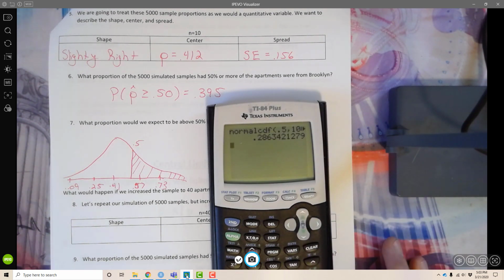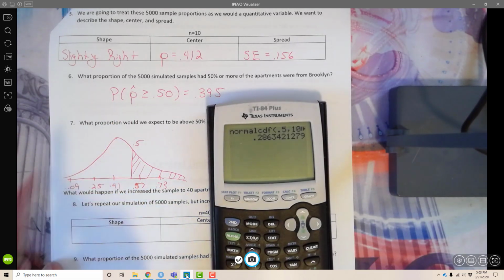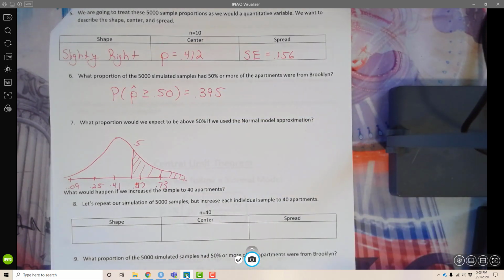And if we hit enter, according to a normal model, that would actually be about 28.6%, a much smaller percentage than the actual real answer that we got from our simulated one. So our theory, this theoretical model, doesn't match the reality. They're a little bit off. So using a normal model to mimic our sampling distribution didn't do a good job.